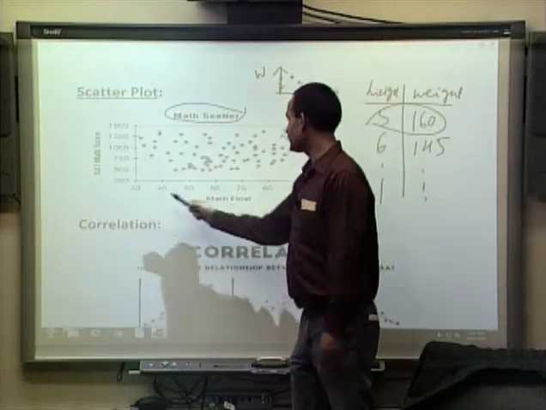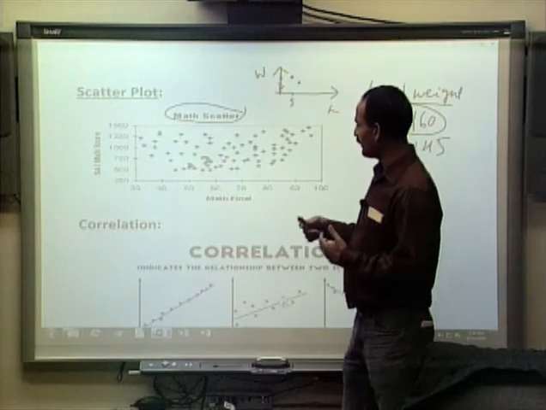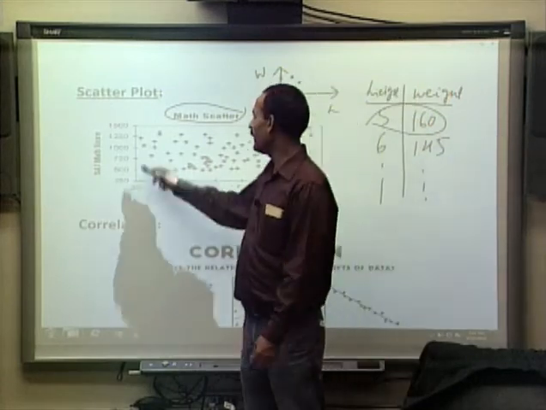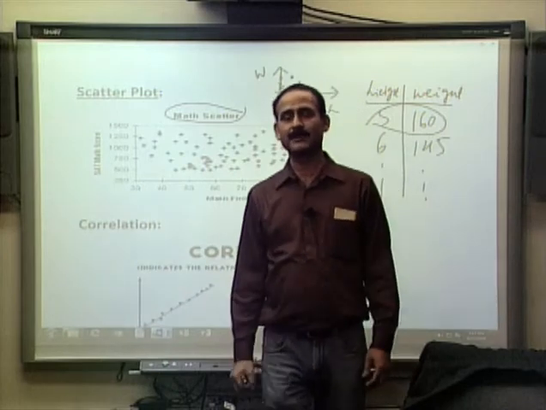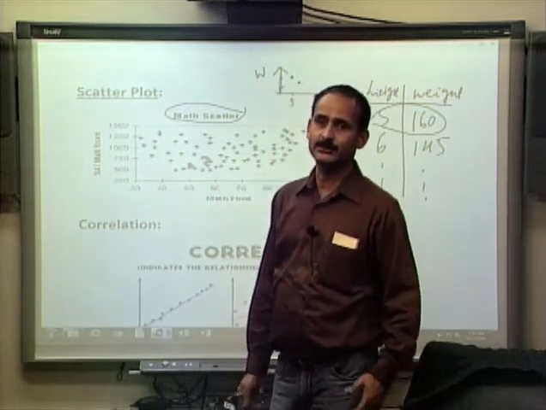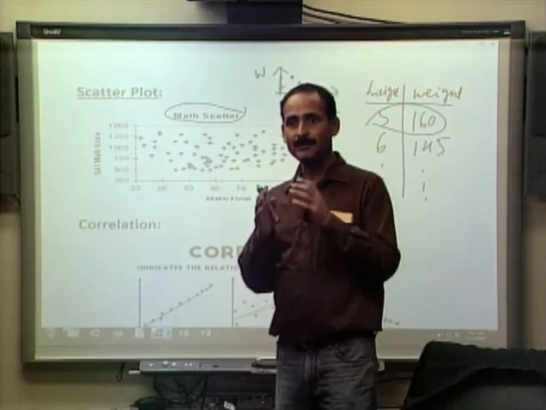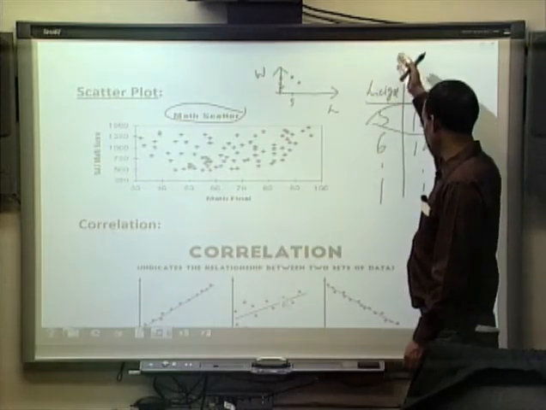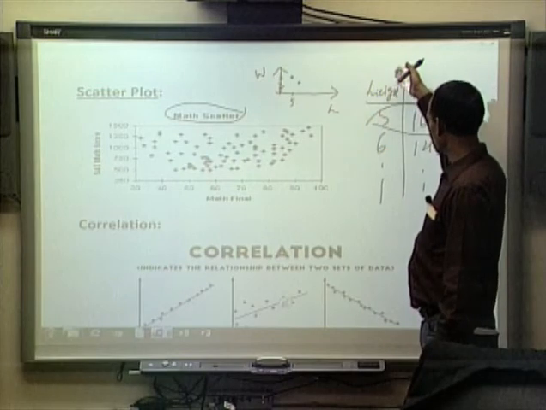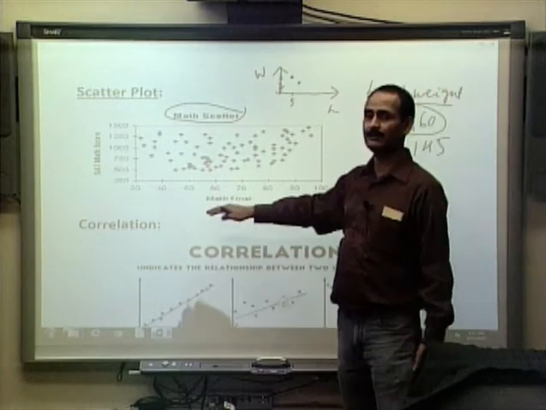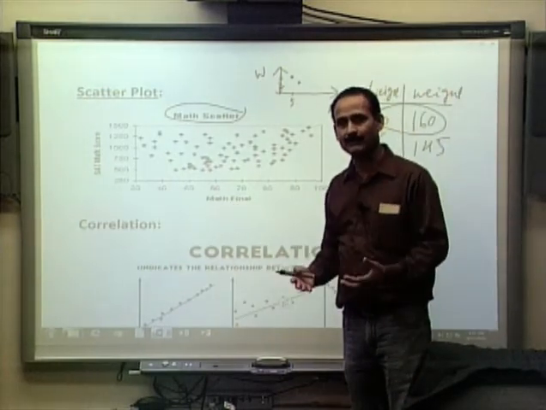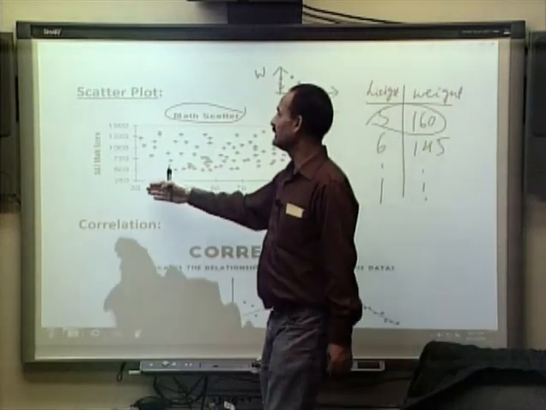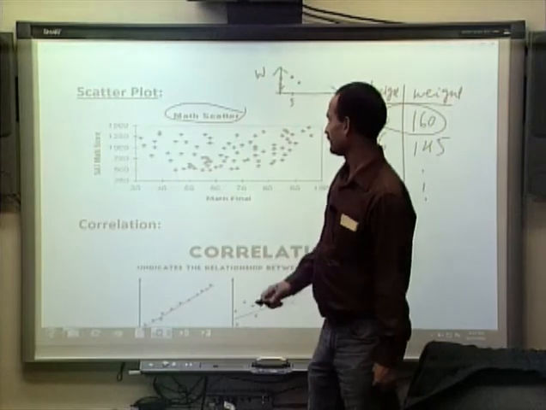The horizontal axis represents the score of a student in the math final exam, and the vertical axis represents their SAT score. So we have two quantities of interest in this scatter plot: the score in the math final exam, and the SAT score.